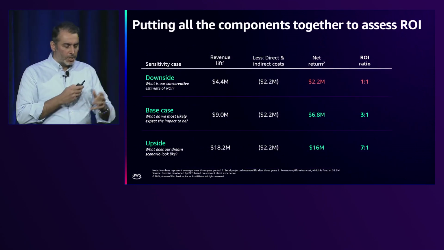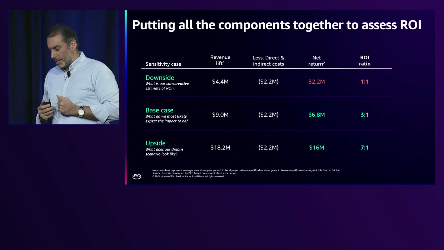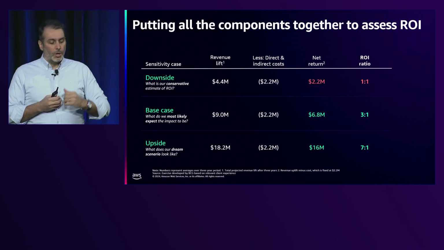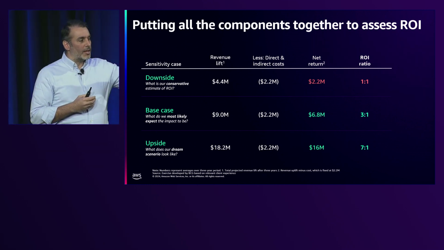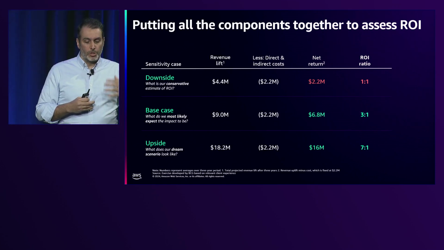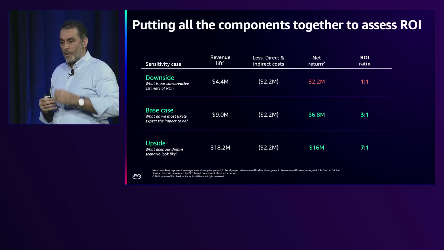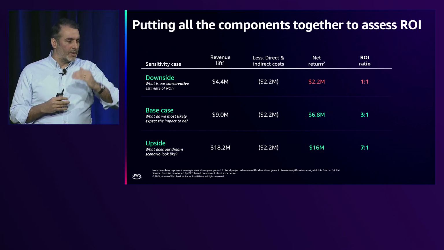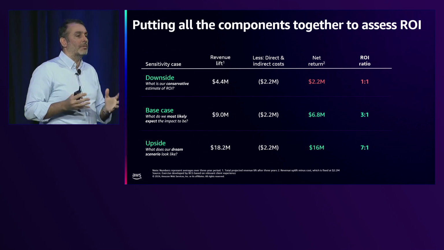Now, coming back to the sensitivity analysis that Priya highlighted, this is where it all comes together, right? We had the base case, the upside, the downside, and the different numbers associated with the revenue lift. Now we have the cost, and the cost remains the same if the number of campaigns, customers, and emails remain the same, right?